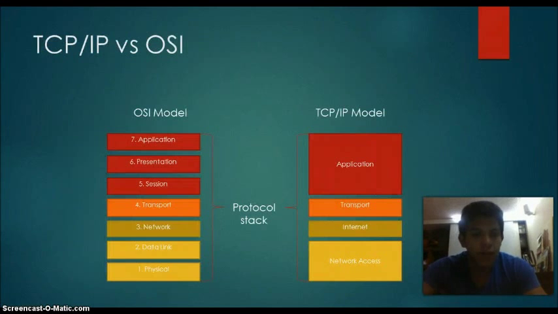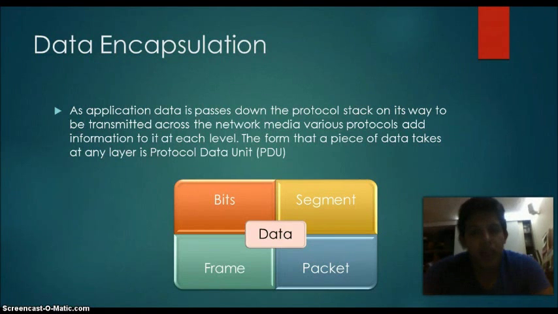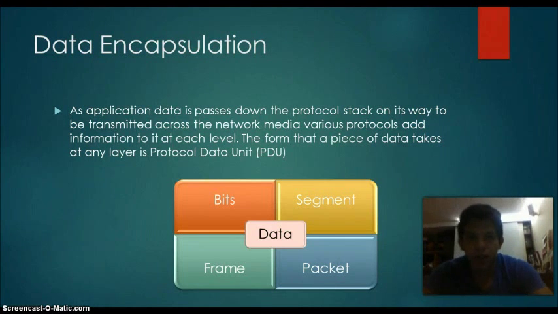Oh, sorry. Data encapsulation is necessary because you cannot send the whole information at the same time. If other devices want to communicate, they would have to wait until all the video or all the photograph or all the document has been sent, and that takes a lot of time, so other communications can get to the network.